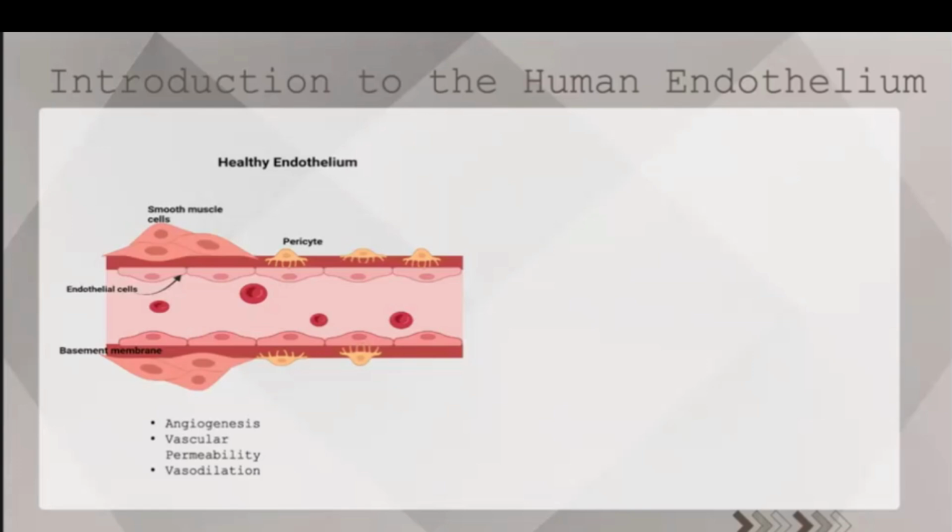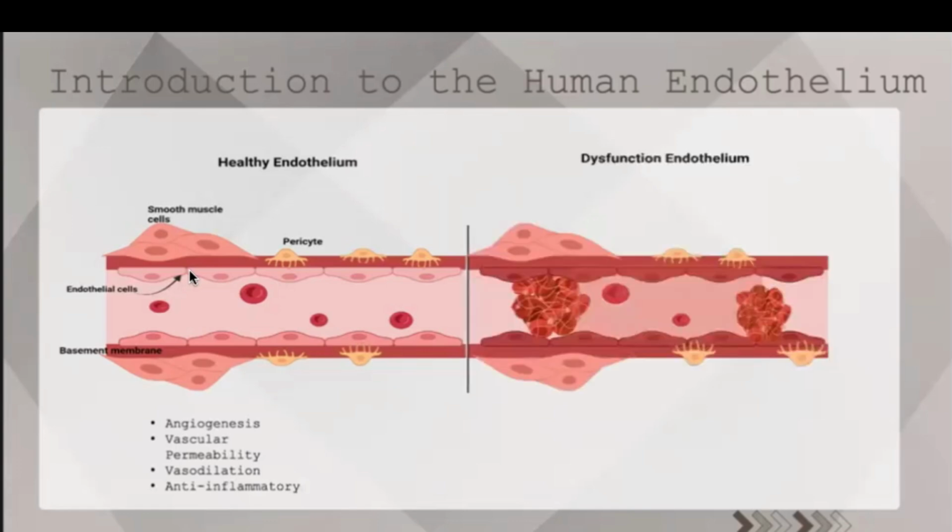And so in the healthy endothelium, we also see this anti-inflammatory state. But on the other hand, when we have a dysfunctional endothelium, there's this imbalance of angiogenic factors. And then we also see an increase in vascular permeability. And so whatever is in this microenvironment, which could potentially be hyperglycemic, things like that, can get in the blood vessel and create this hostile environment of the blood vessel.